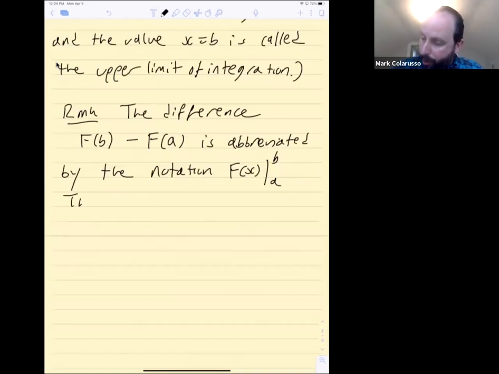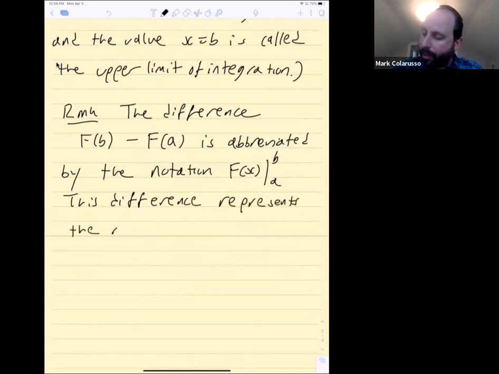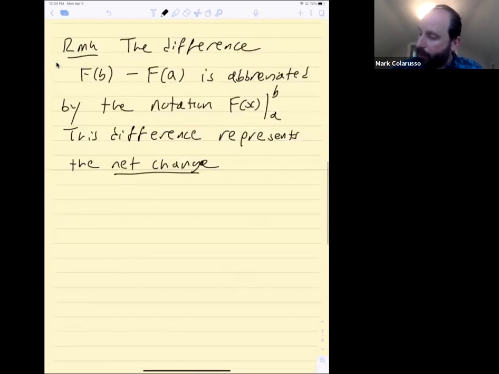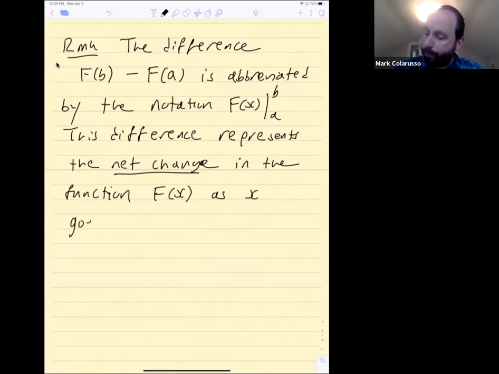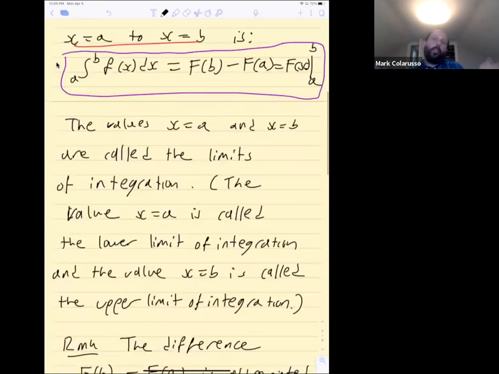And this difference, this is probably the most important thing, represents the net change in the function capital F of x as x goes from x equals a to x equals b. So this integral creature takes this little f and produces out of it the net change in the antiderivative capital F.